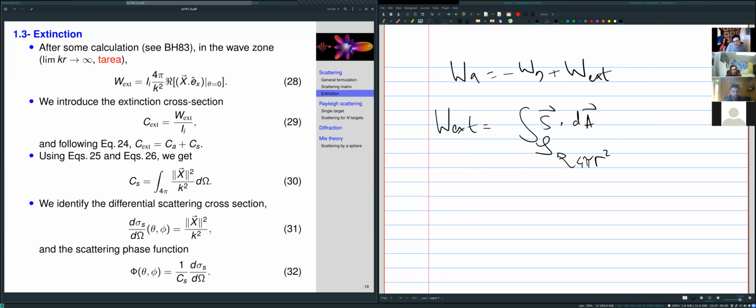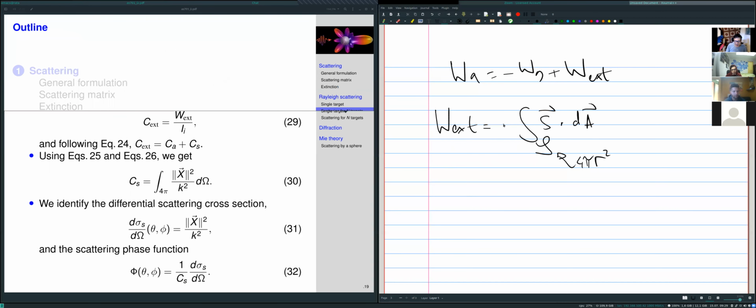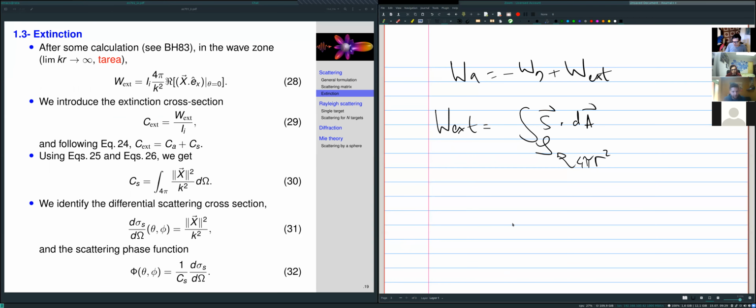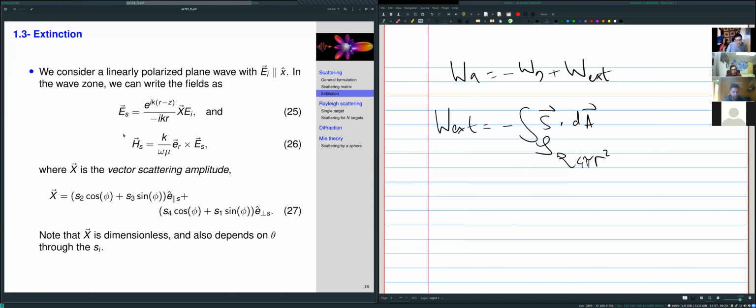This is the flux of the total Poynting vector, and it's got a minus sign also, so let's put the minus sign. We have the total Poynting vector because we have the incident electric field and we know the scattered field. And outside the sphere, the total field is given by the sum of both, right? So E is simply E incident plus E scattered, etc.